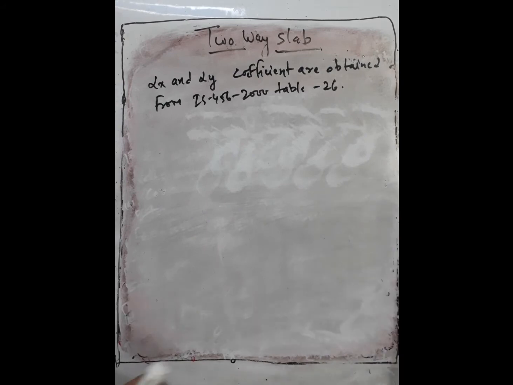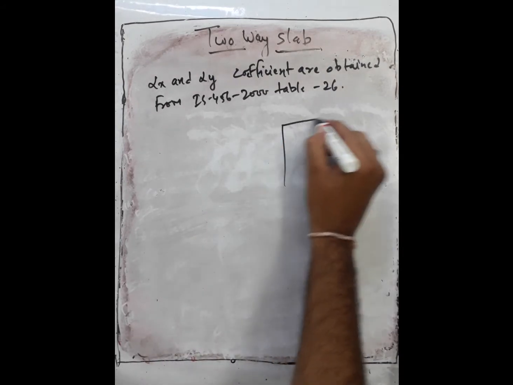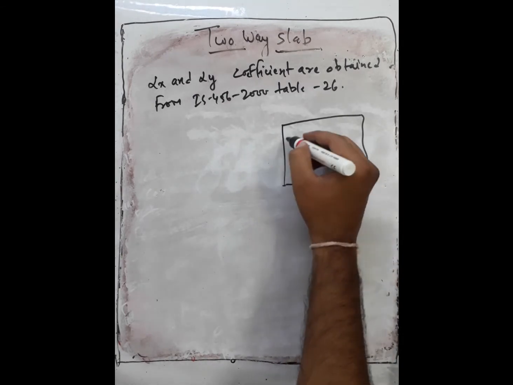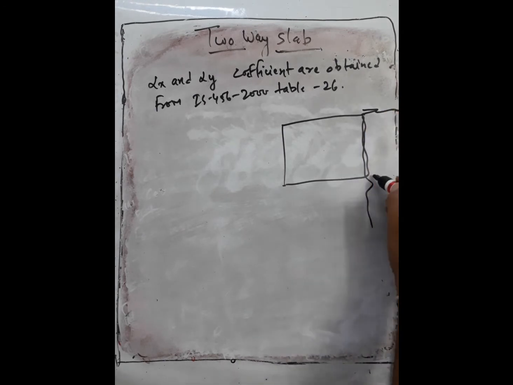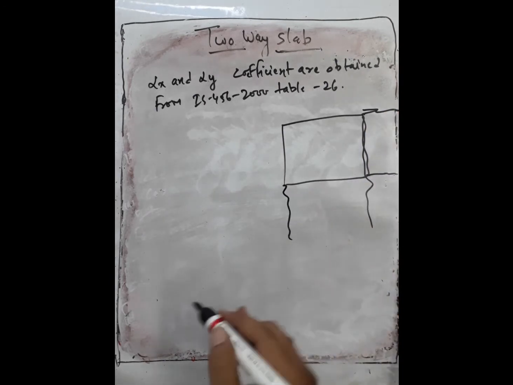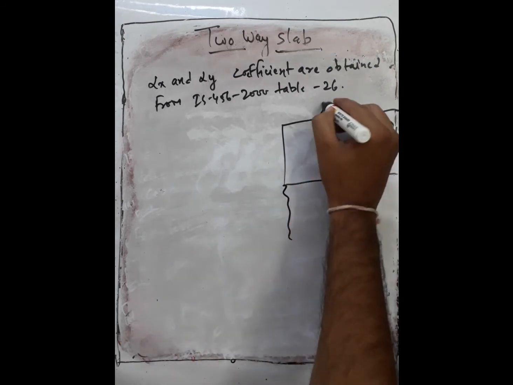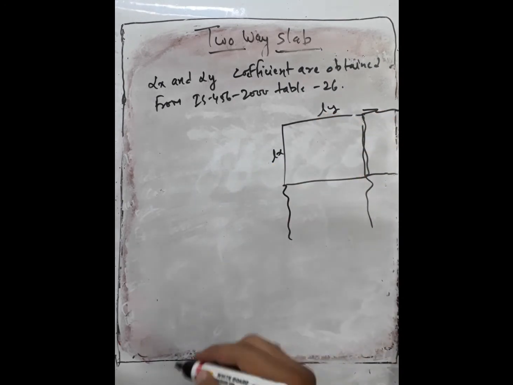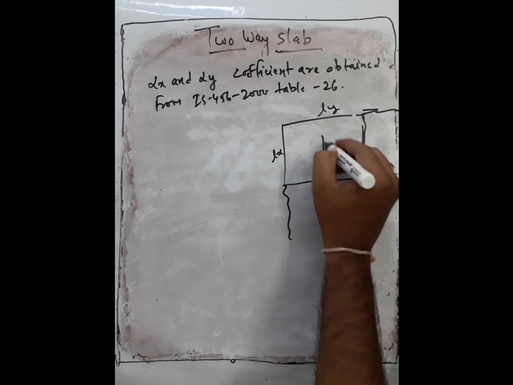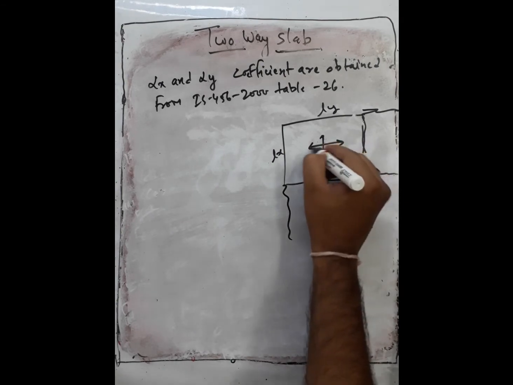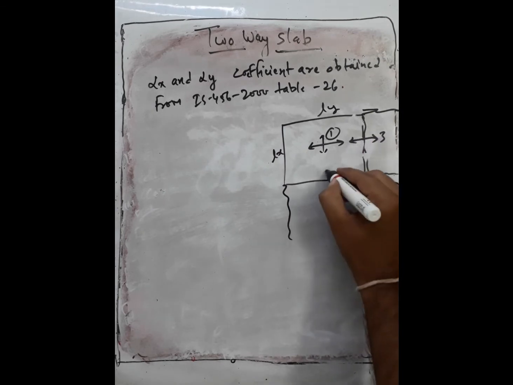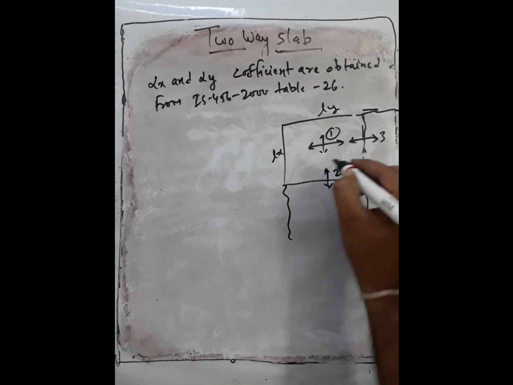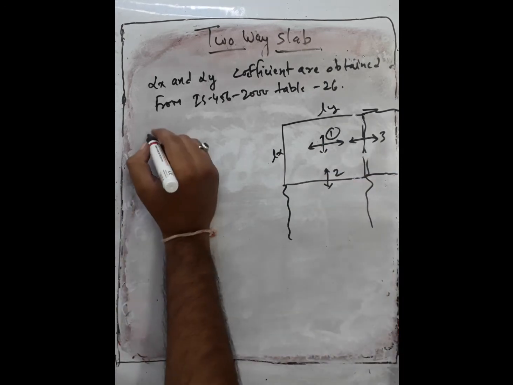If this is your diagram and this is a continuous part, you have a continuous slab; this we call Ly, this we call Lx. Positive bending moment comes at the center and negative bending moment comes at the corners.